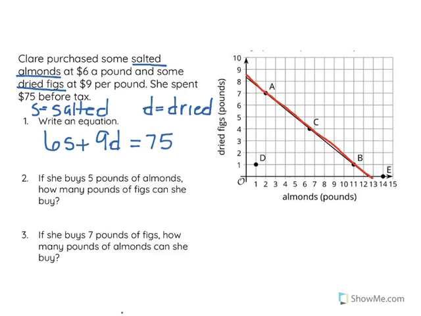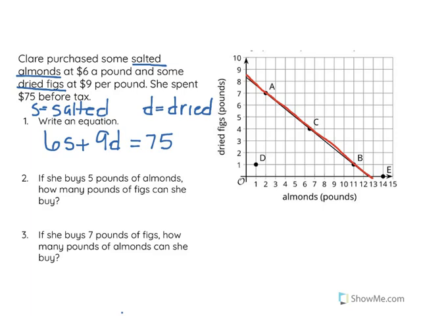So the points that are on the line are our possible combinations. If the point is not on the line, that's not a possible combination because it doesn't add up to 75.